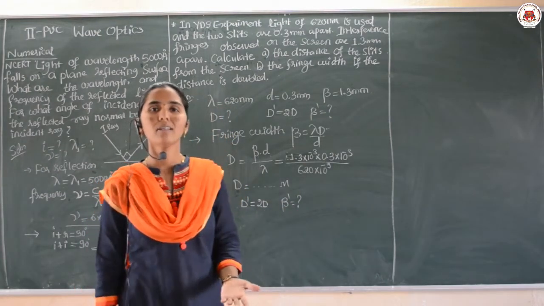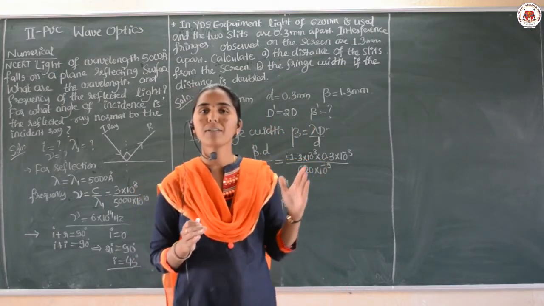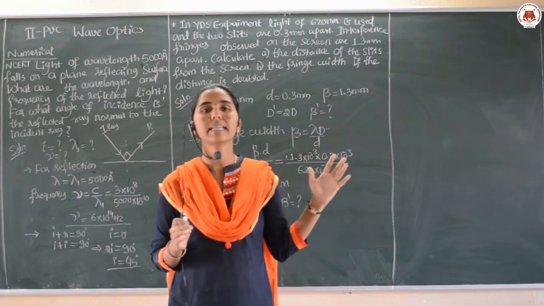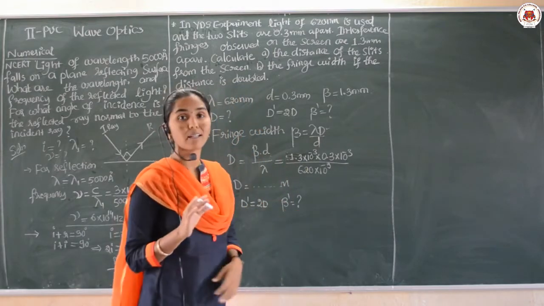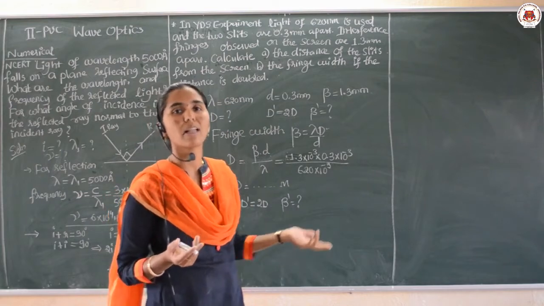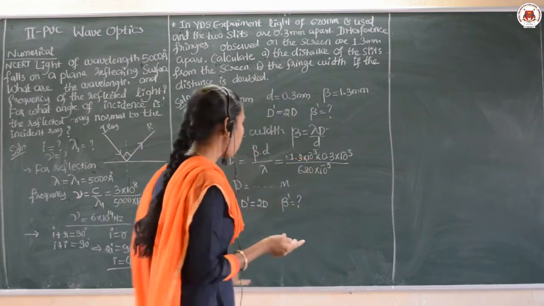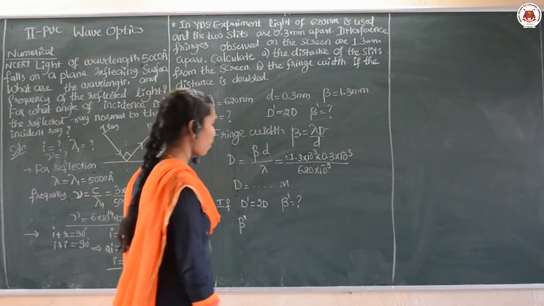See dear student, we discussed already that if the distance between the source and the slit is increased, then definitely the fringe width also increases. If it is 2D, it will also increase by 2 times. So, by this also we can calculate with the help of the formula.